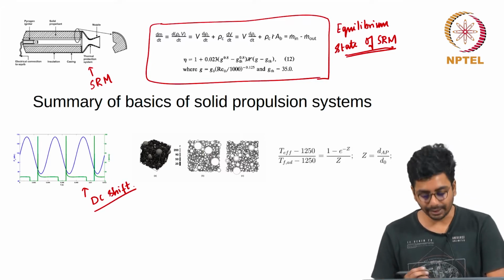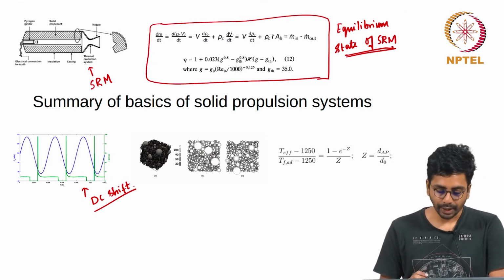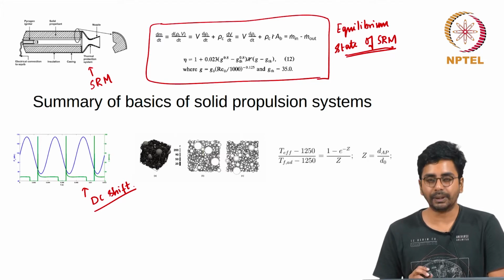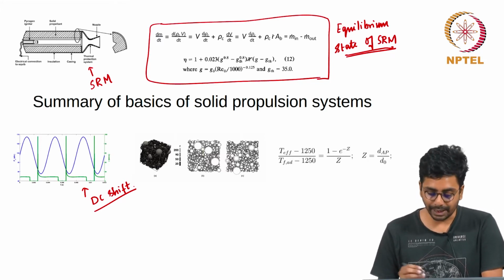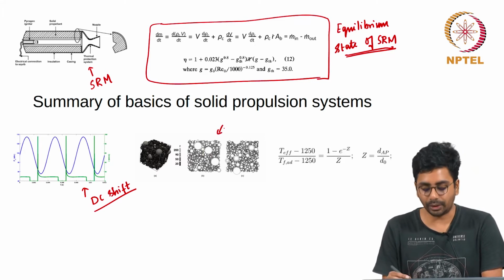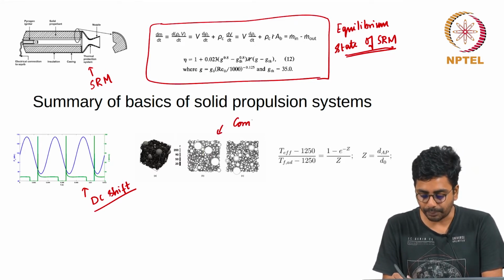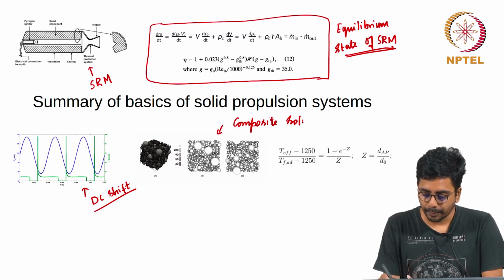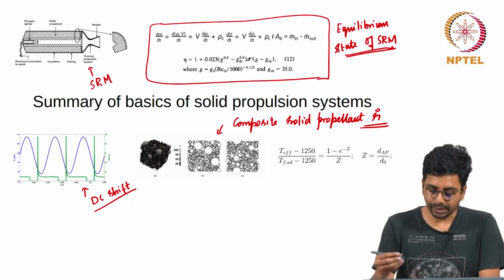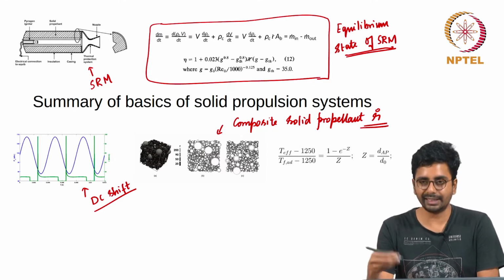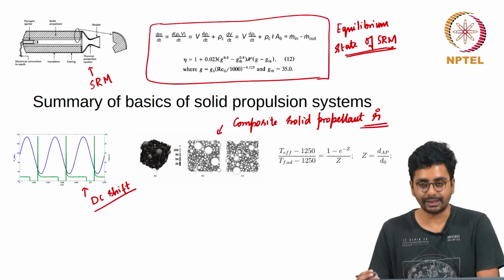This is another thing that we discussed in the course, and another aspect of solid propellant combustion which we discussed in some detail is predicting the burn rate of composite solid propellants. What is required for this I will explain in the next slide in some detail.